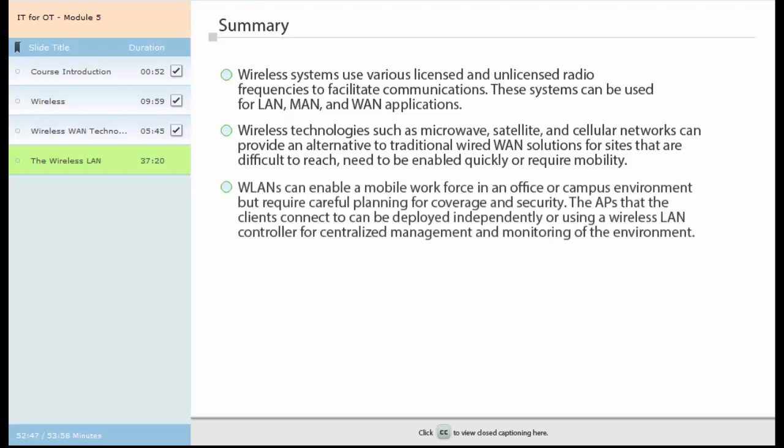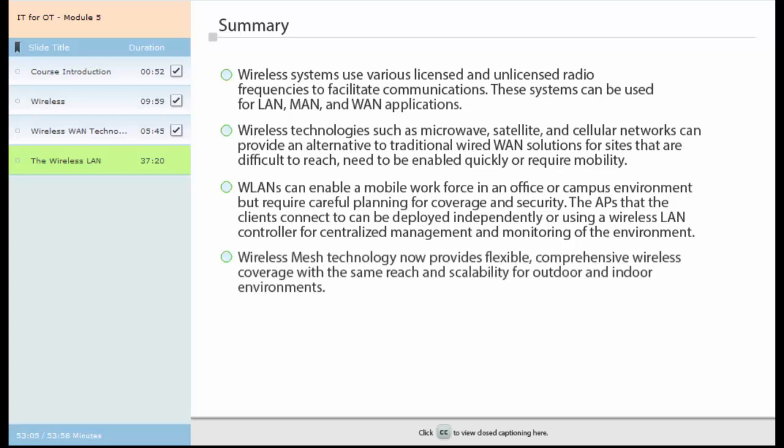WLANs can enable a mobile workforce in an office or campus environment, but require careful planning for coverage and security. The APs that the clients connect to can be deployed independently or using a wireless LAN controller for centralized management and monitoring of the environment. Wireless mesh technology now provides flexible, comprehensive wireless coverage with the same reach and scalability for outdoor and indoor environments.